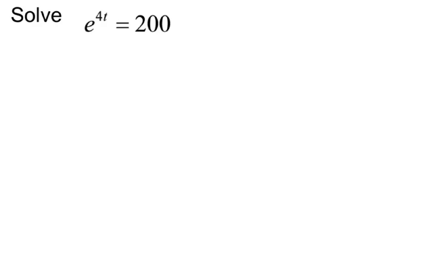So let's do one more example and we'll solve one more exponential equation. In this situation, we have e raised to the 4t power equals 200. This says solve. The first question you ask yourself when you read those instructions is solve what? What type of equation am I solving? And it's exponential, okay?